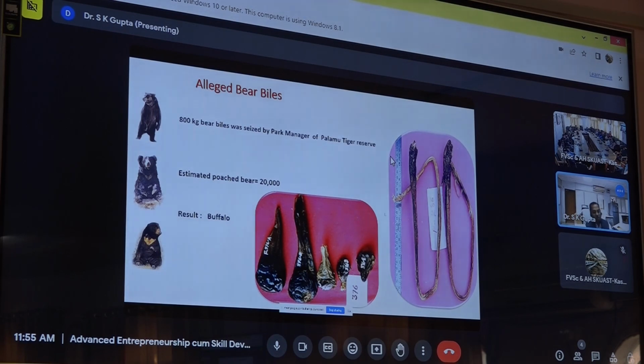So sometimes people do claim wildlife origin, but it turned out to be something different, which is not even in any act. So we have provided a report for that also. Sometimes people do catch a person with suspected meat, but in our analysis it turned out to be goat or sheep meat, which is a sort of mutton. So with the DNA test we identify accurately its origin.